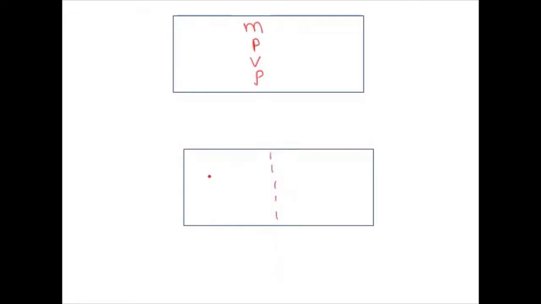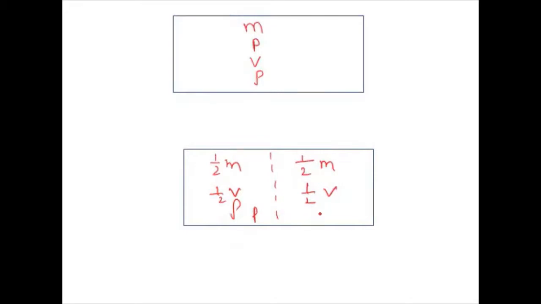We can see that the mass will become half. So this half portion will have half the mass, and the other half portion will also have half the mass. Half volume, and the other portion will have half the volume. But pressure and density are the same in both portions. So here density will be rho and the pressure will be P.